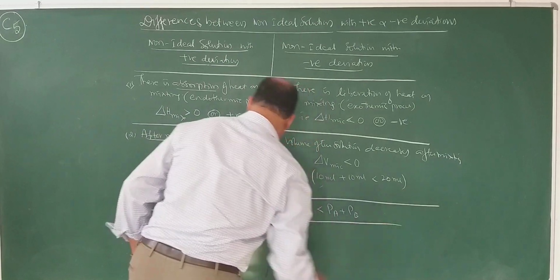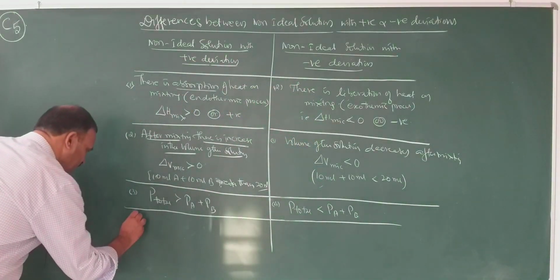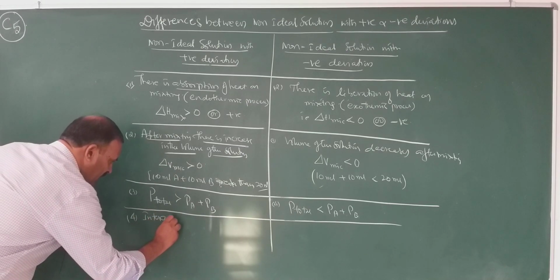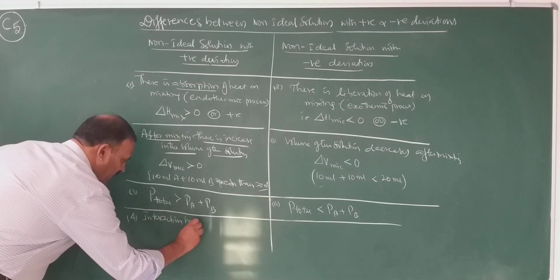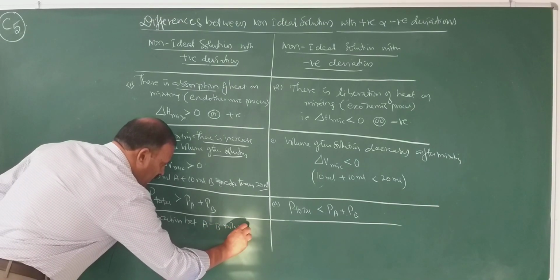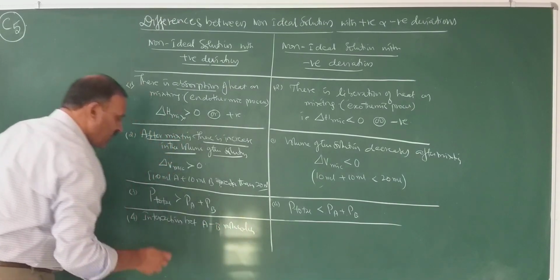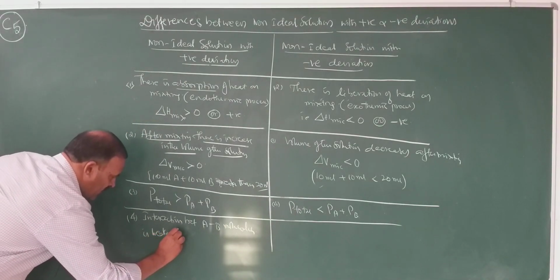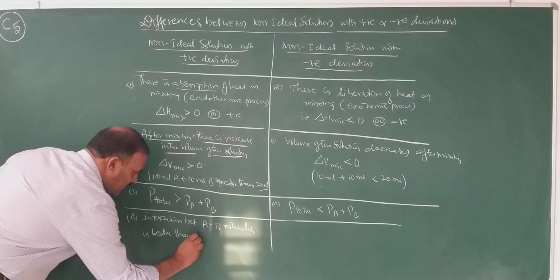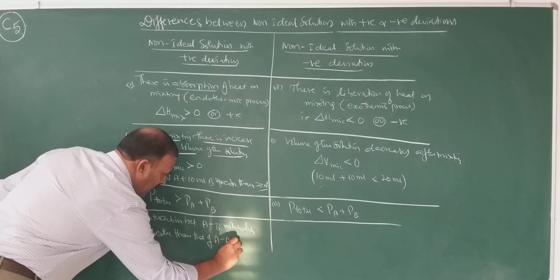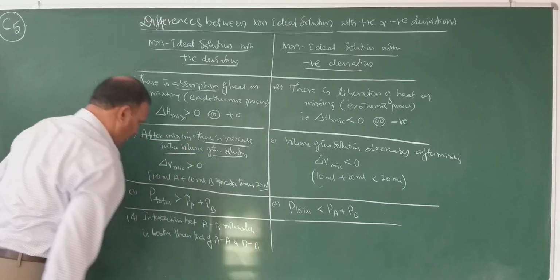And then the fourth difference, interaction between AB molecules. Interaction between AB molecules is weaker than that of AA and BB.